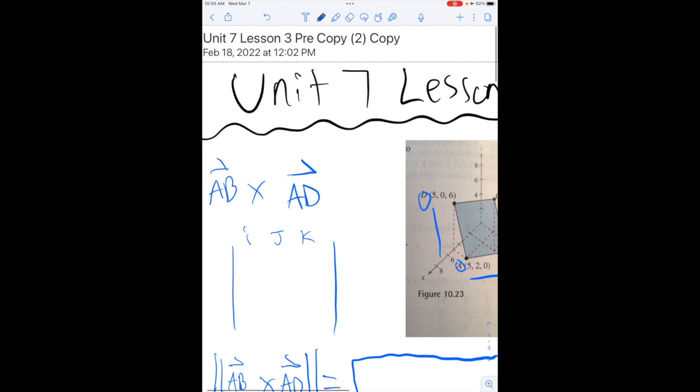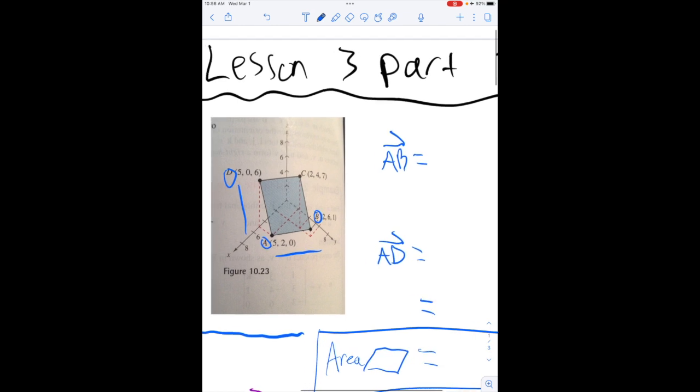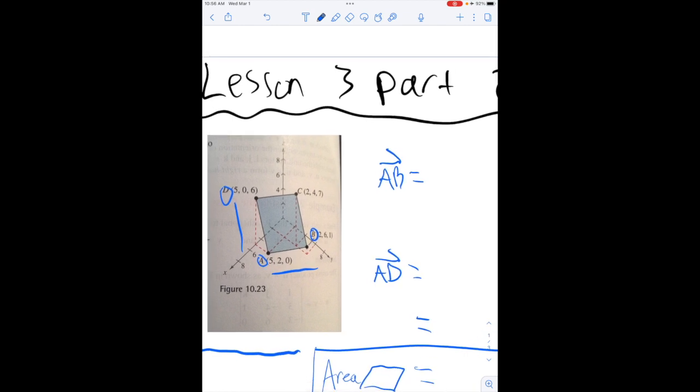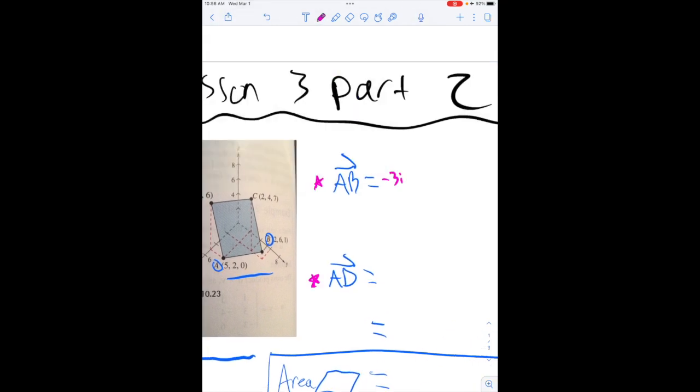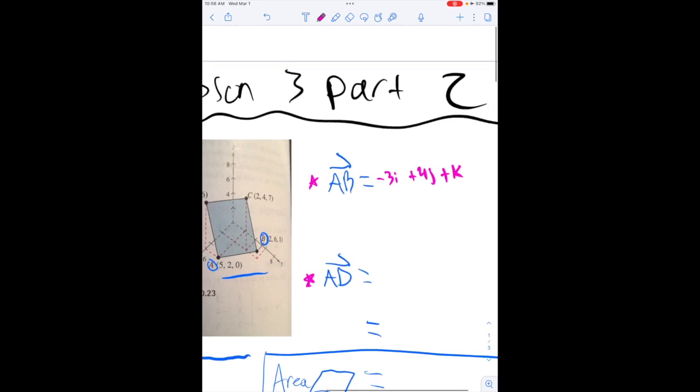we have to come up with our equations for AB and for AD. So AB is going to be negative 3I plus 4J plus K. And AD is going to equal 0I plus 2J minus 6K.